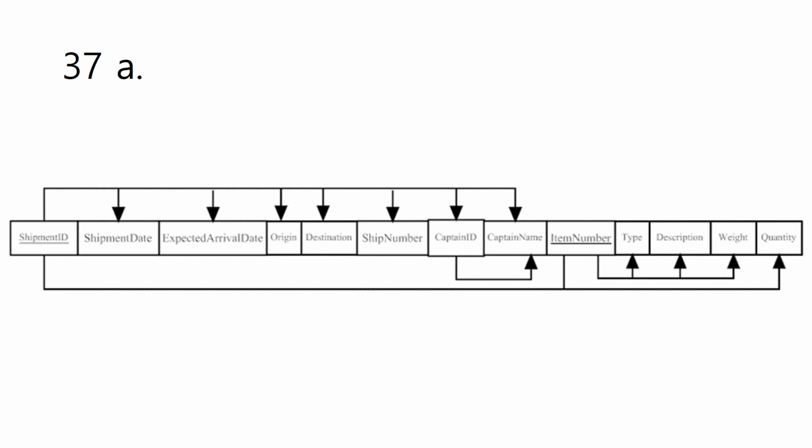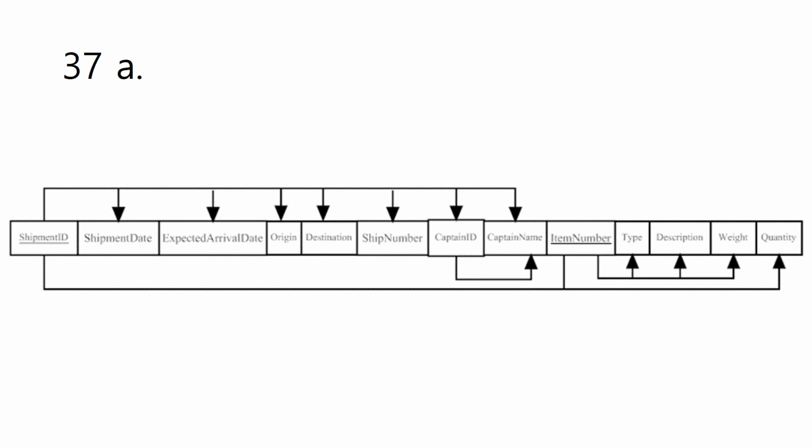So shipment ID determines shipment date, expected arrival date, origin, destination, ship number, captain ID, and captain name.